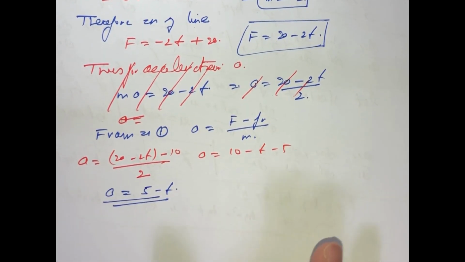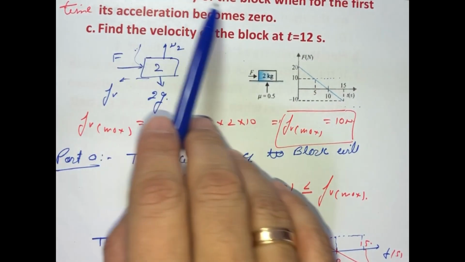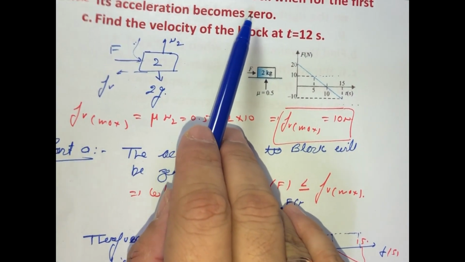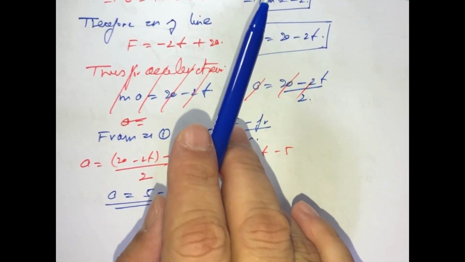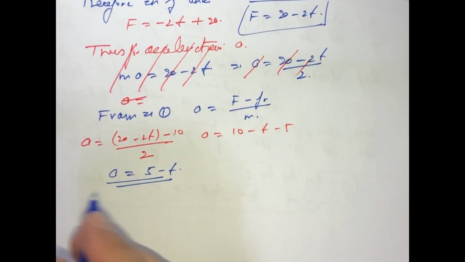Okay. Now we are supposed to find the velocity of the block when for the first time its acceleration becomes equal to 0. So let's find out the velocity.